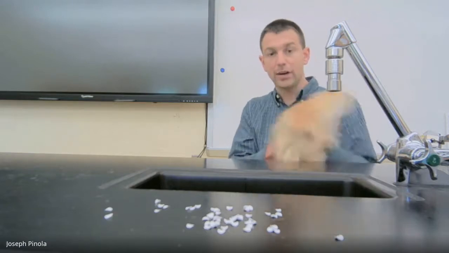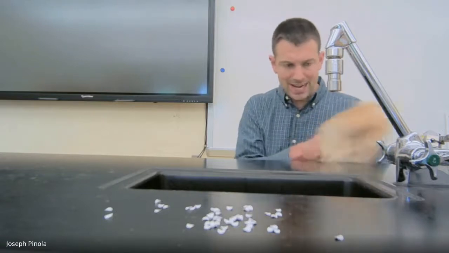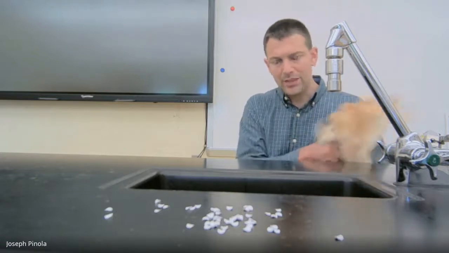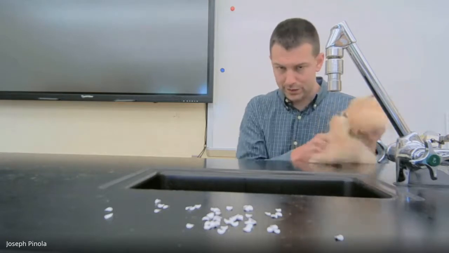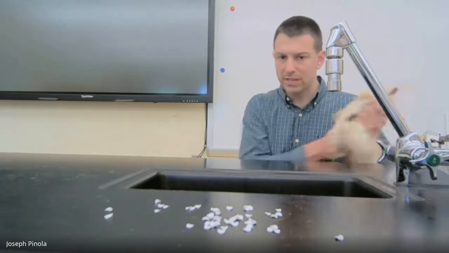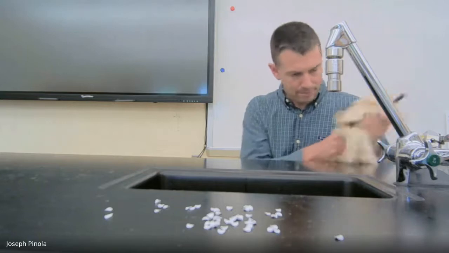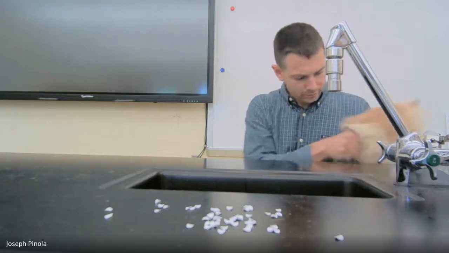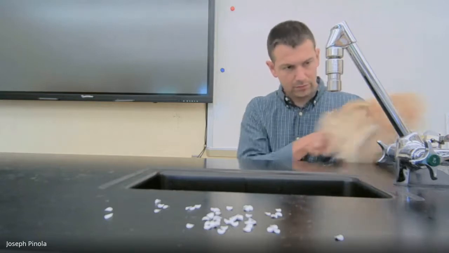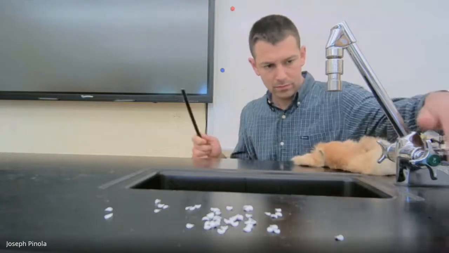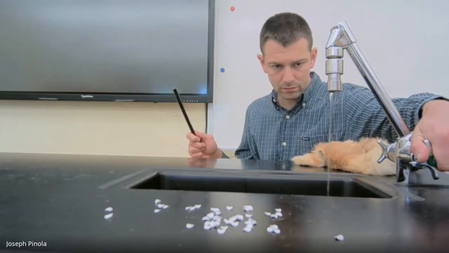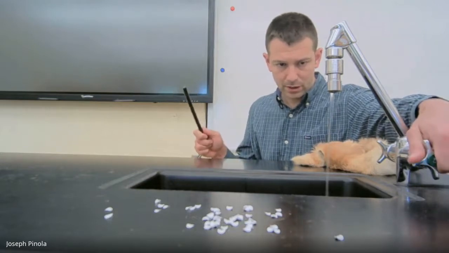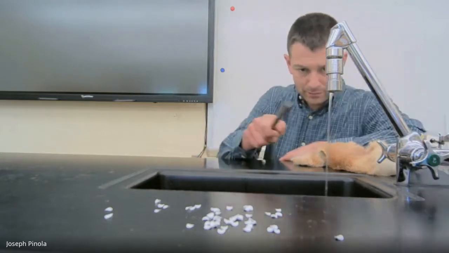I'm going to charge my rod and I'll make it negative. And then after I get my rod charged, I'm going to turn on the faucet that's in front of me. I'll show you something neat happening with that. Here's a tiny bit of water coming out of the stream.